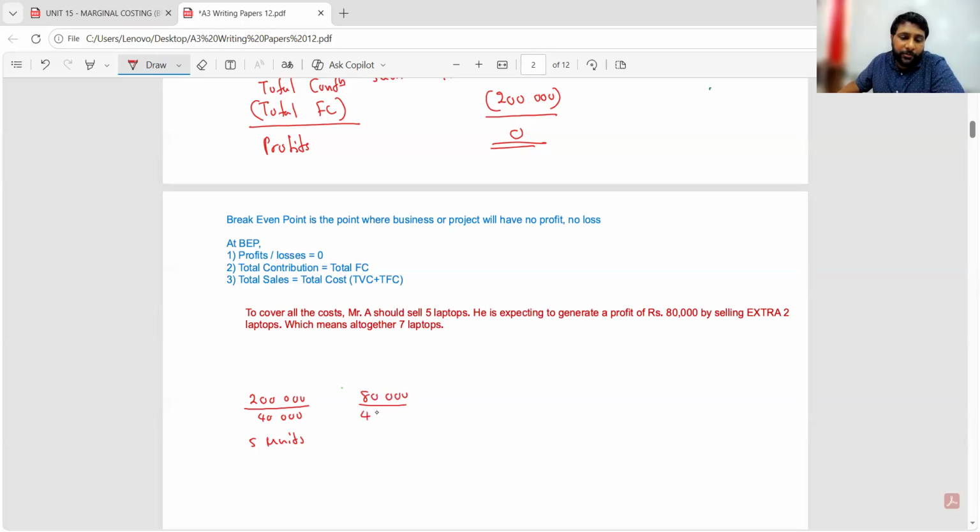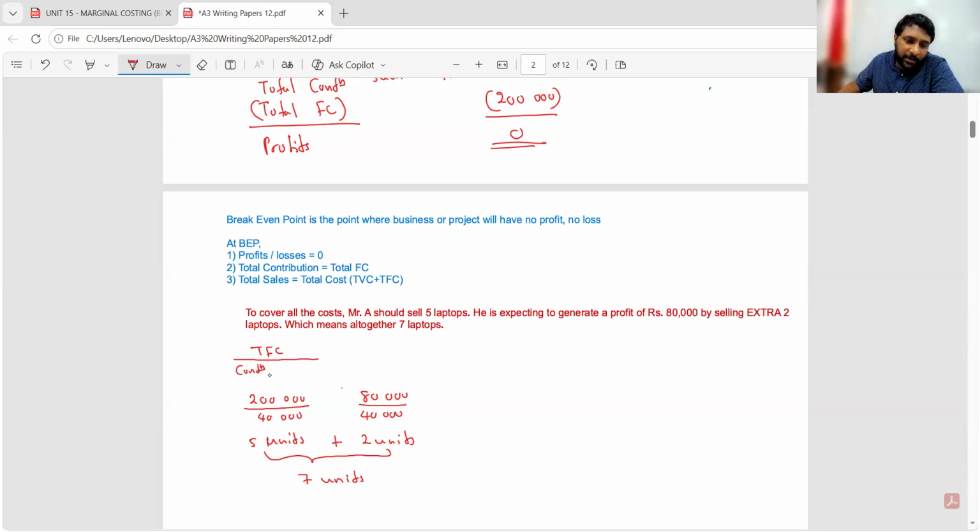Each laptop is getting a contribution of 40,000. Then here 2 units. Then altogether how many units, people? 7 units. Don't write, wait. So this 200,000 is the total fixed cost. What is 40,000, people? Everyone tell me.